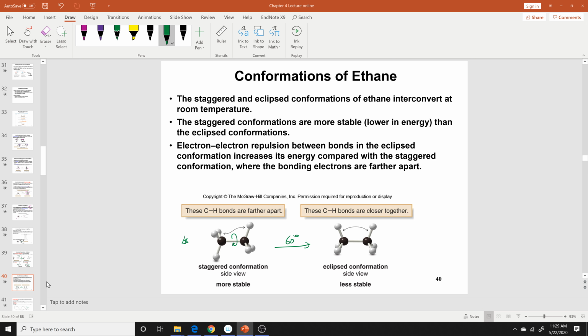And this is what we are looking for. We're looking for the bonds to be the farthest away from each other, so that we have less electron repulsion between the bonds to make the molecule more stable. This means that always staggered is going to be more stable than the eclipse conformation.